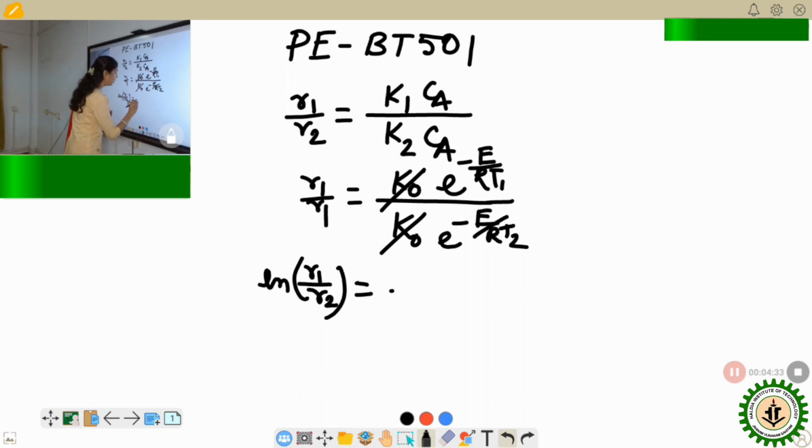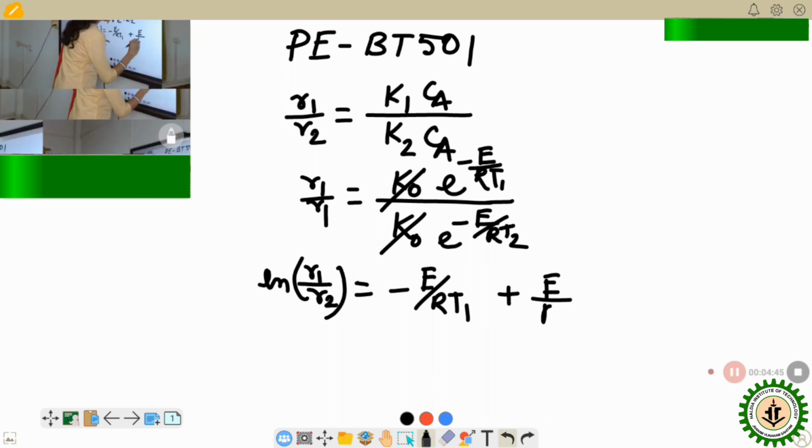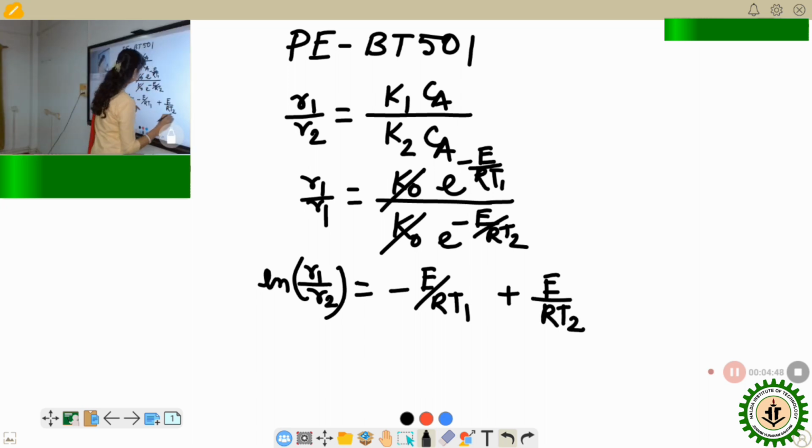Here E by R T1, ln e is 1, this is minus plus E by R T2, that is also ln e, which is 1.